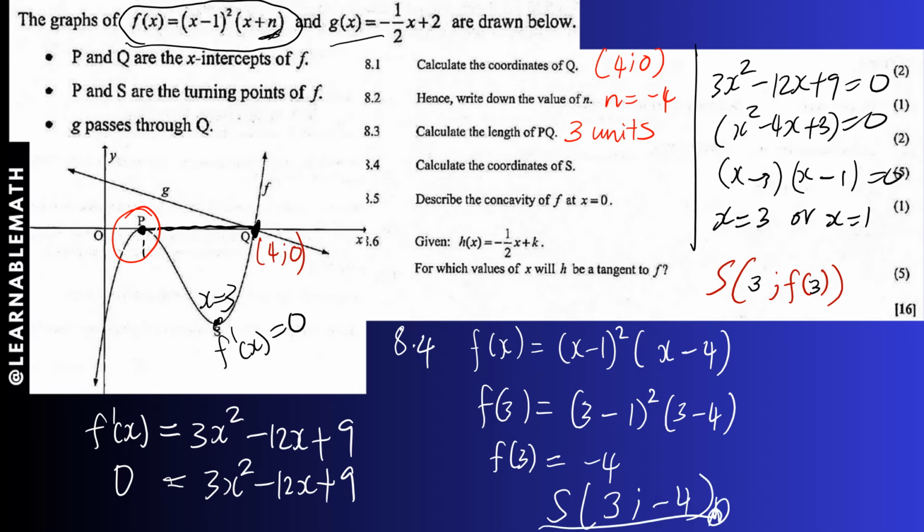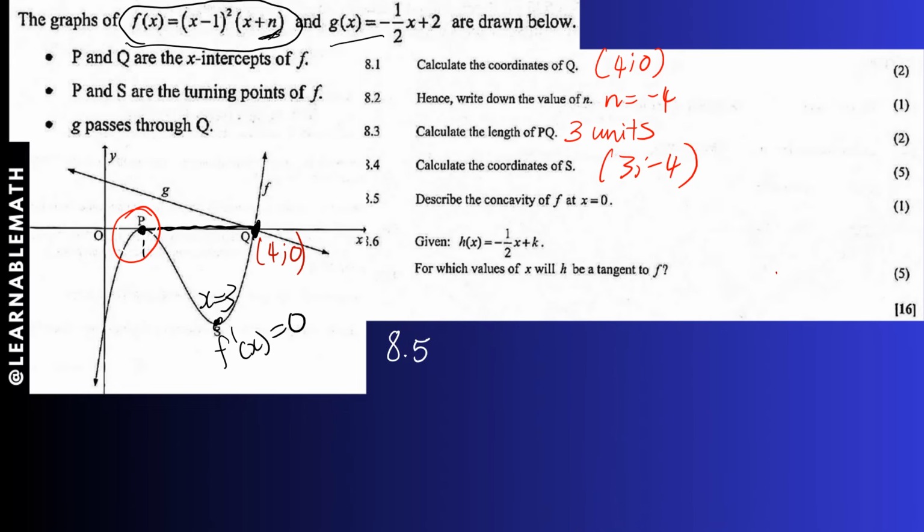Okay, let us now go to 8.5. 8.5 wants us to describe the concavity of f at x equals 0. So if you check when x is 0, let me use a highlighter, it's here, right?